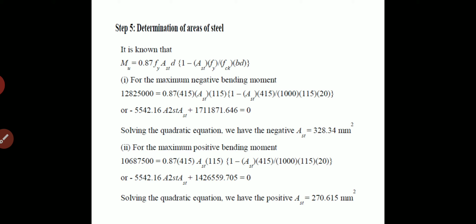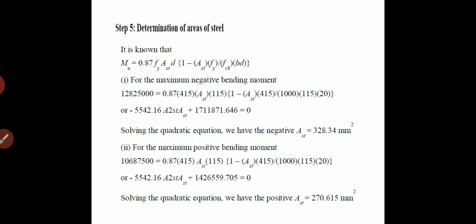Solving the quadratic equation, we have the positive AST equal to 270.616 mm square.